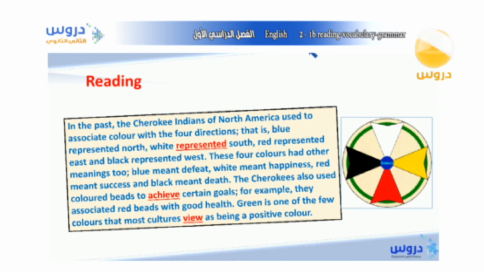So as I read for you, we had three red words, which the first one means represent. To represent something is to say something about it, and also achieve is to get, view is to take a look at, or see things as something different.